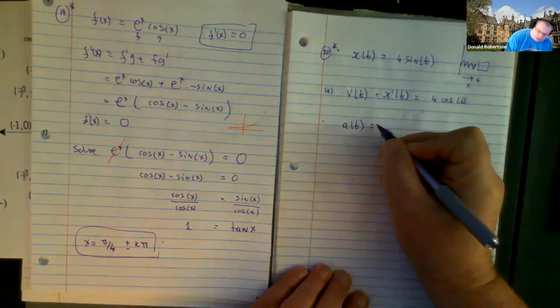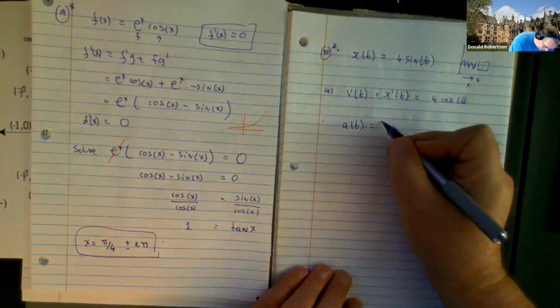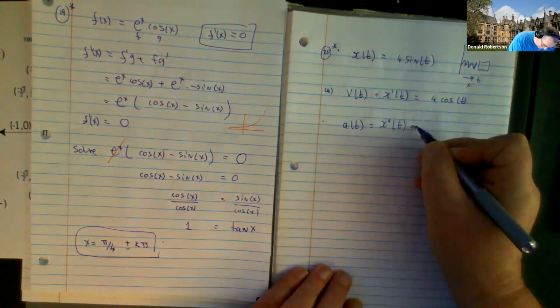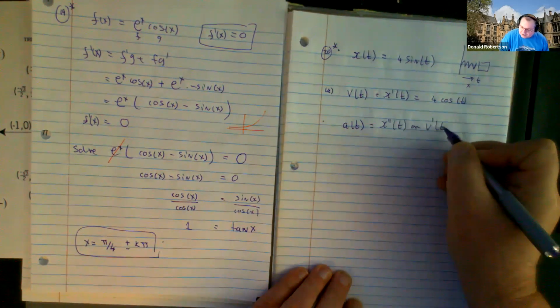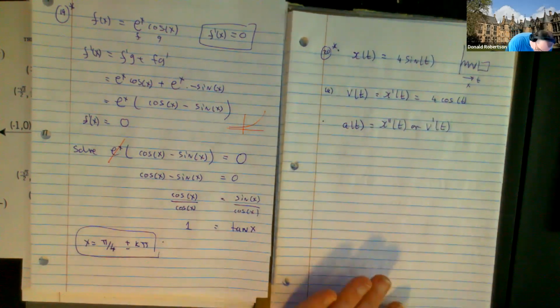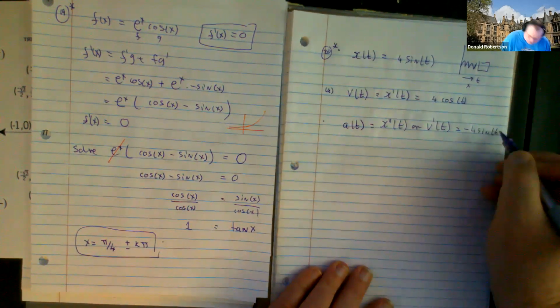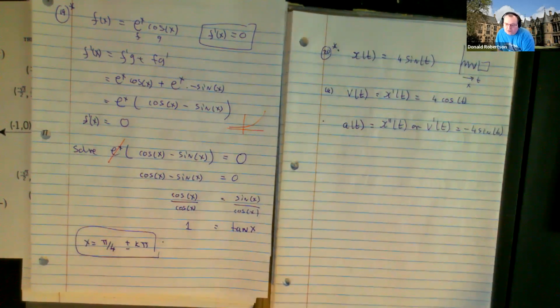And to get acceleration then, don't you find the second derivative of this guy, or the first derivative of the velocity, because it's the same thing. And if you differentiate this guy, you get -4 sine t. So that question was not that hard once you realize that velocities are first derivatives and accelerations are second derivatives.